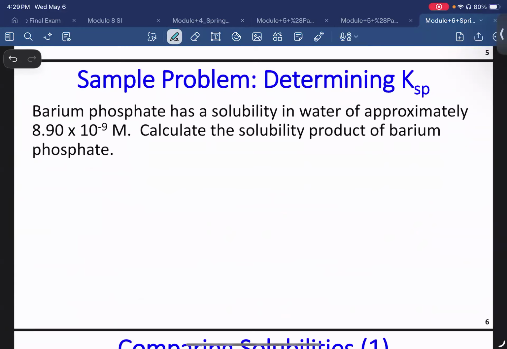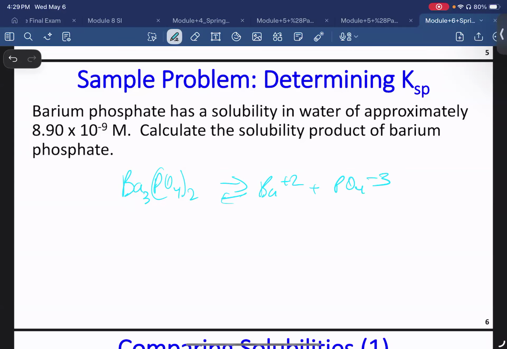One thing that's really important as well is to consider the coefficients. Like barium phosphate: barium has a +2 charge and phosphate has a -3. That's the salt, and when it dissolves, it's going to produce Ba +2 plus PO4 -3.